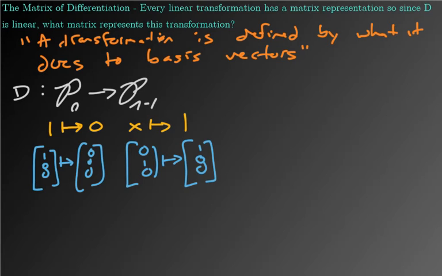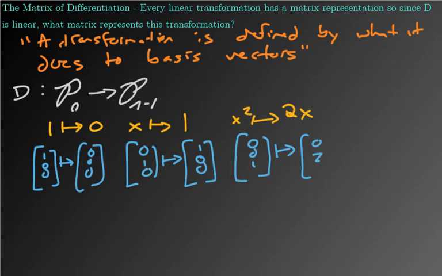And let's just do one more. So x squared gets mapped to 2x, and so in a table with numbers setup, 0 0 1 gets mapped to 0 2 0.